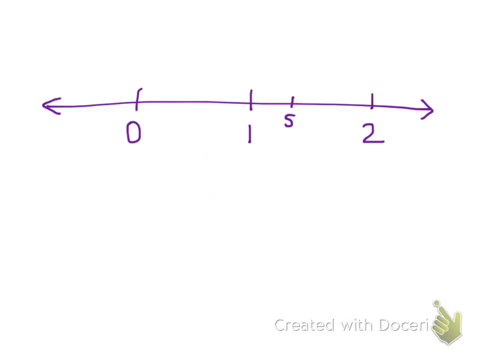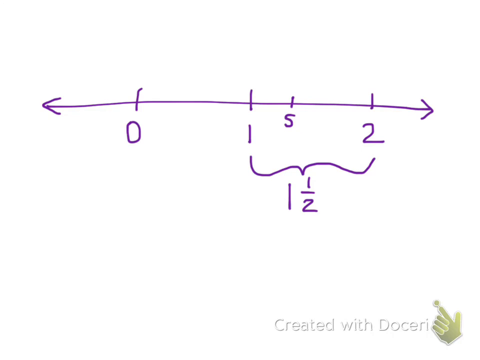I've recreated the number line here on this slide. Here's our 1, here's our 2, and here's our point for S, which we know is somewhere between 1 and 2. We can think of other numbers that could go between 1 and 2 here, and I'm going to list some of them, and I'd like you to try to think of some others. How about a mixed number like 1.5?